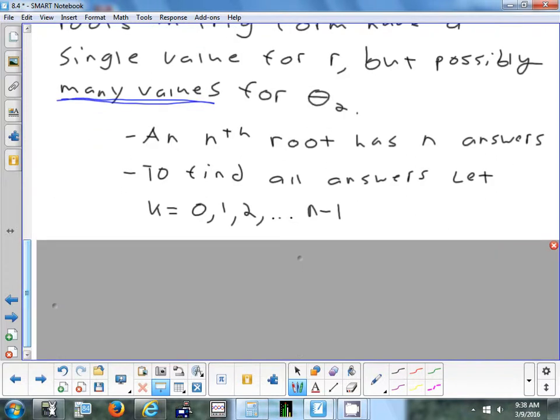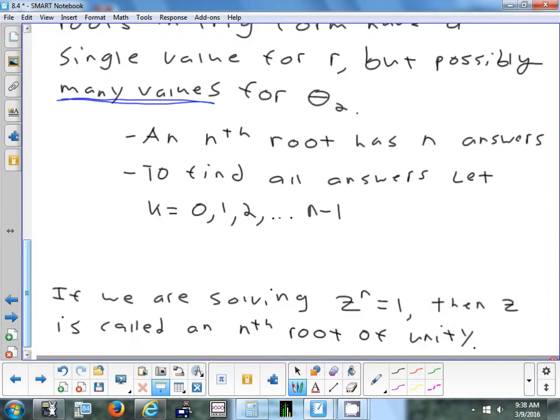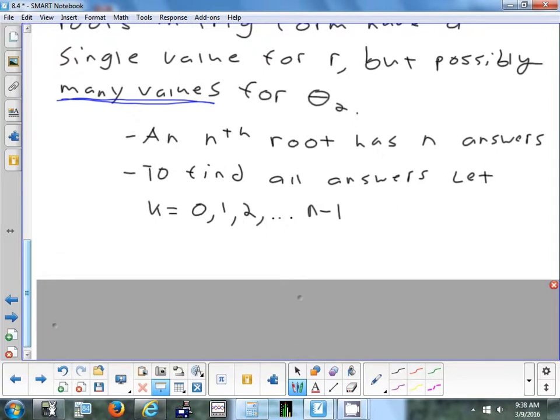Right, and another thing that's kind of interesting about the answers is once you get all your different answers, if you were to draw them on paper, they're all equally spaced. Okay? They're all nicely spaced on a circle. So for example, if you were finding cube roots, you would get 3 answers.